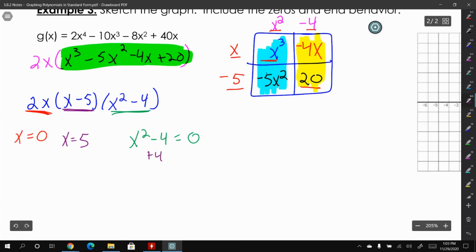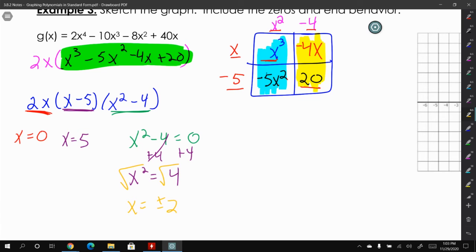Then let's add 4. We get x squared equals 4. And then when we square root both sides, we get x equals plus or minus 2. So we have negative 2, we have 0, positive 2, and positive 5 as our 4 zeros. So let's plot those.